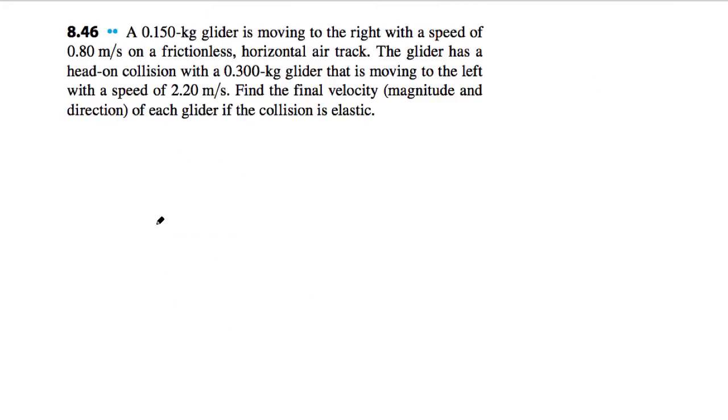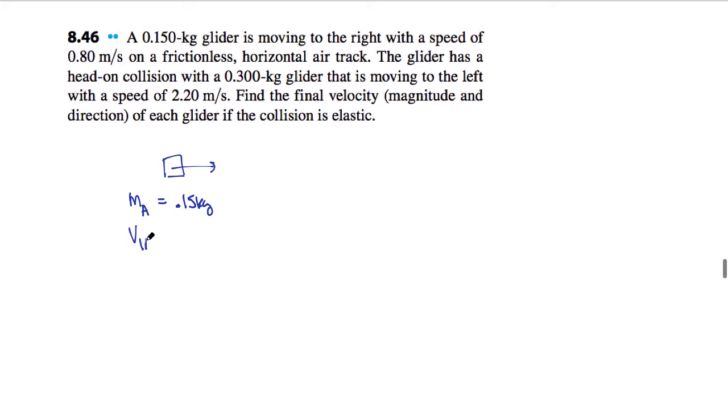For question 8.46, we have a 0.15 kilogram glider, so we'll just call it a block. Let's call it mass A. It has a mass of 0.15 kilograms, and it's moving to the right with a speed, V1A, of 0.8 meters per second.